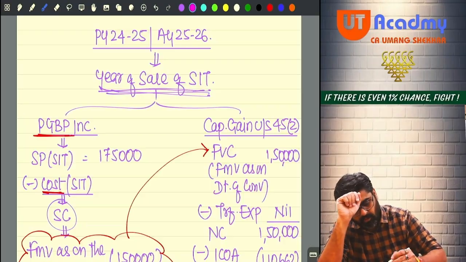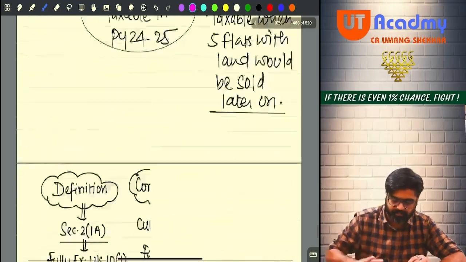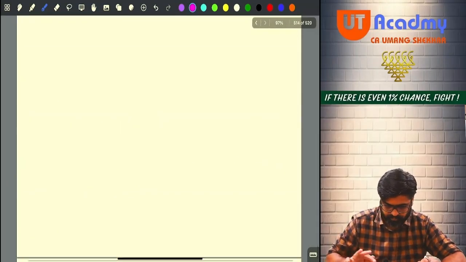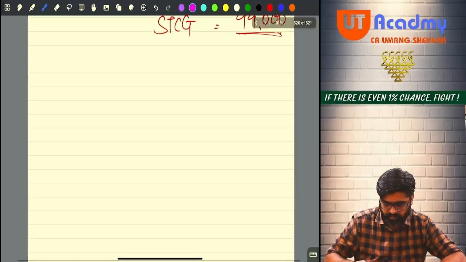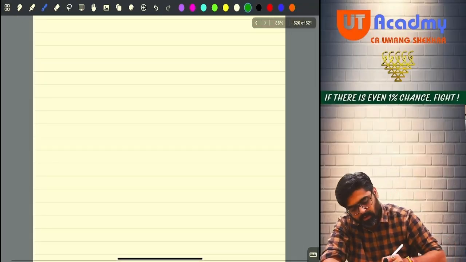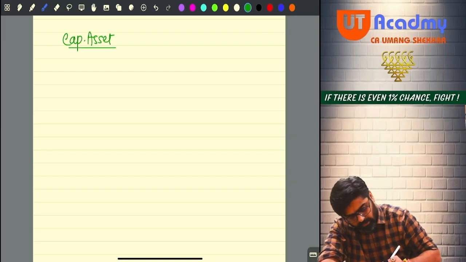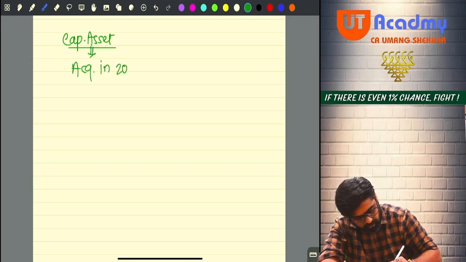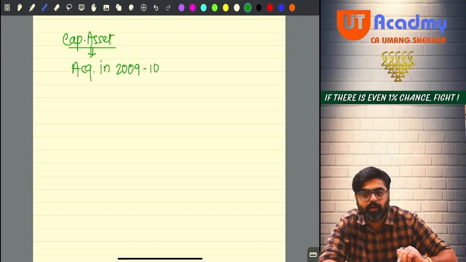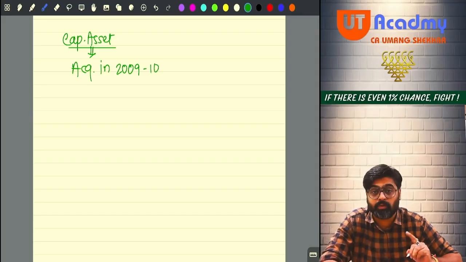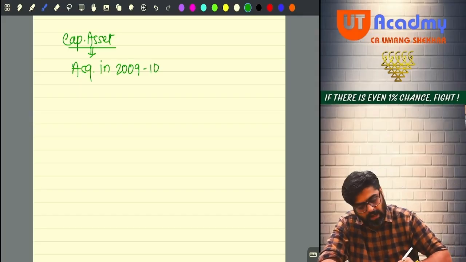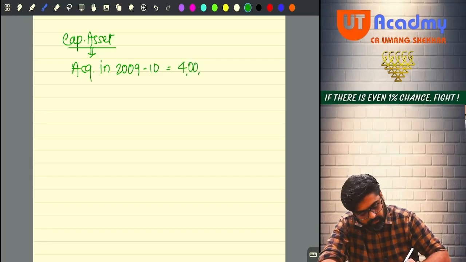If I acquired any capital asset in 2009-10, at that time I acquired it for 4 lakh rupees.